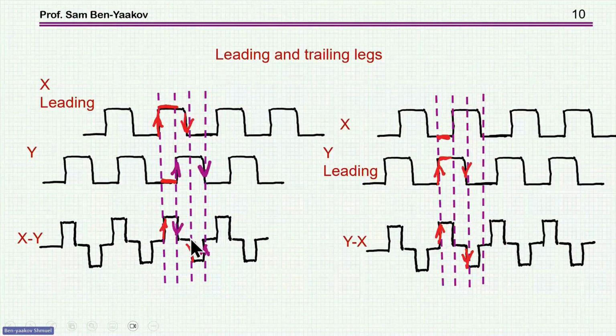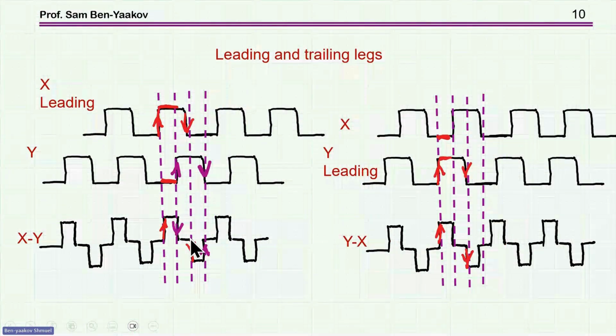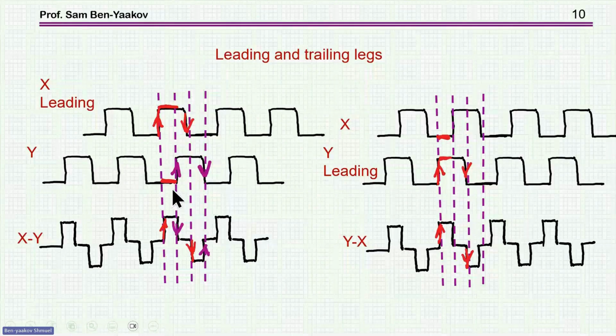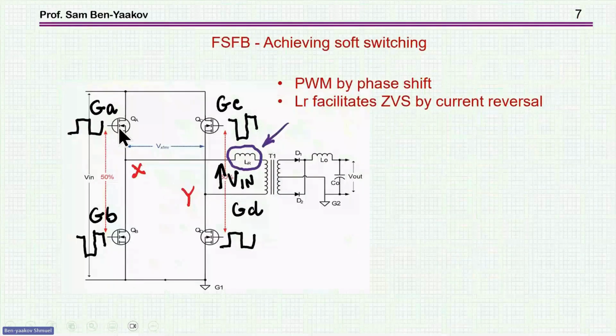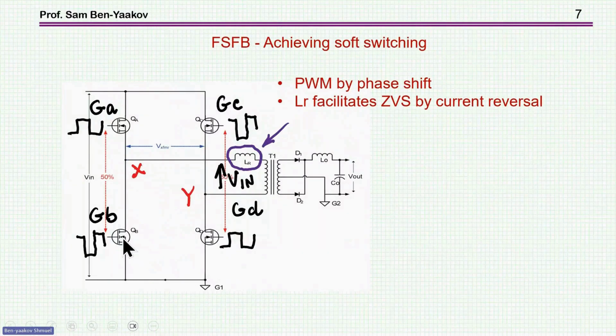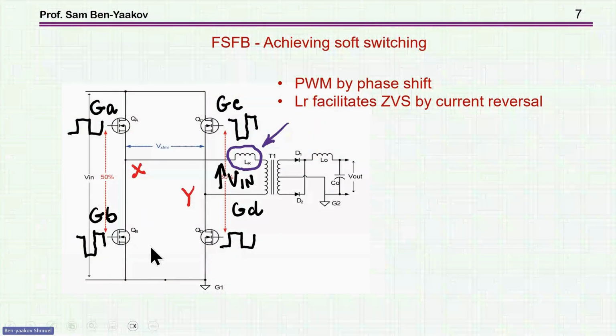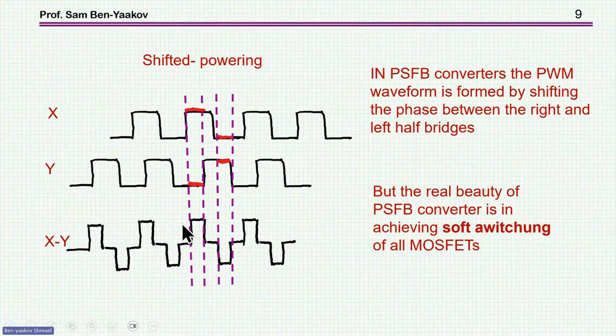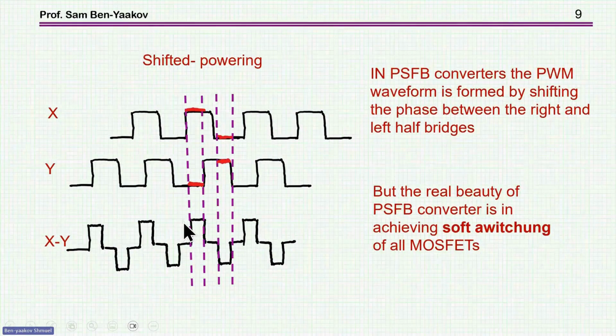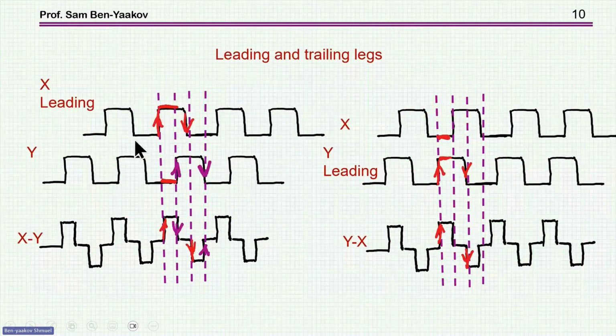It's very interesting and important to understand that although these half bridges look the same, sort of look the same, they are not the same. I'm sorry, this half bridge and this half bridge. And one, we call it leading, and one is lagging. And the leading is the one that is sort of first.